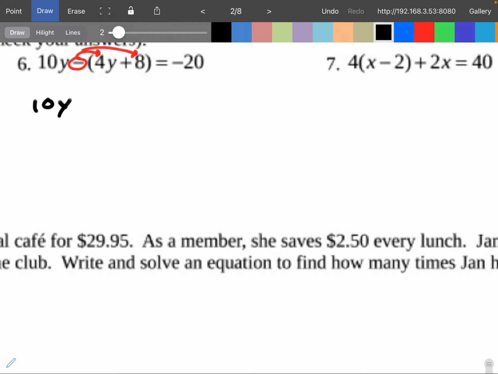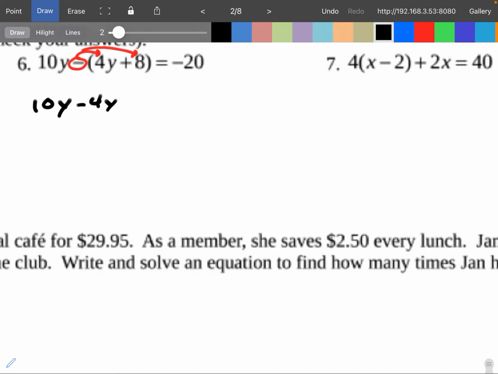So then we're going to have 10y. Well, what's negative 1 times positive 4y? You got a negative times a positive. What's that? Yeah, it'll be negative.